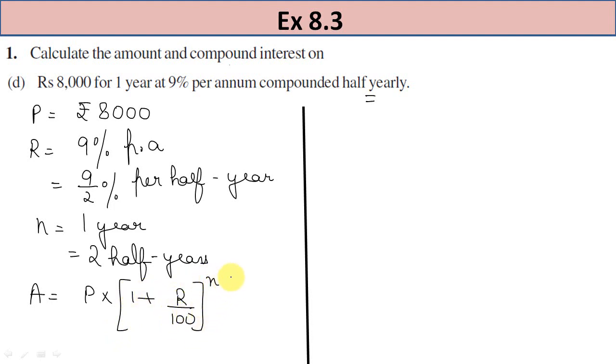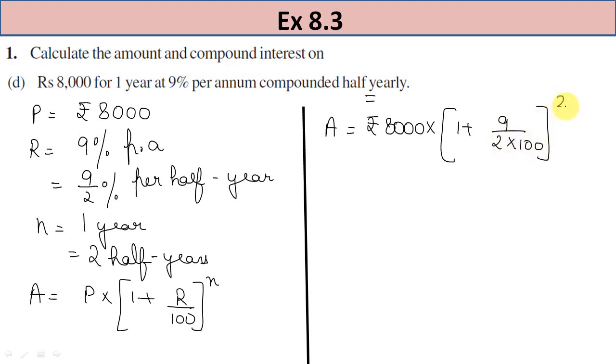So amount is equals to rupees 8,000 into bracket 1 plus rate, पूरा लिख लो, 9/2 and then into 100 upon the power 2. So this is equals to rupees 8,000 into, anything is getting cancelled here? No. This can be written as 9 upon 200 raised to the power 2.